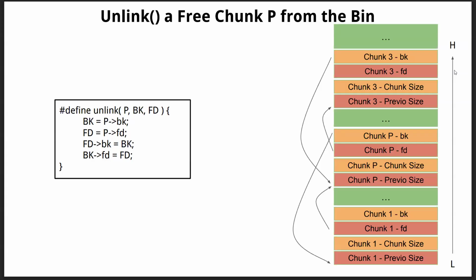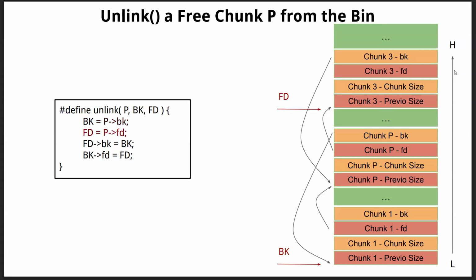Then the forward one's backward now points to chunk 3, whatever it should point to, what this guy's previous points to. And chunk 3's forward pointer should point to what his forward pointer pointed to. This fully removes this chunk from the list and fixes its 2 adjacent chunks in the list.